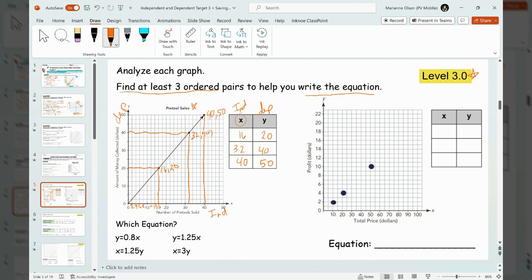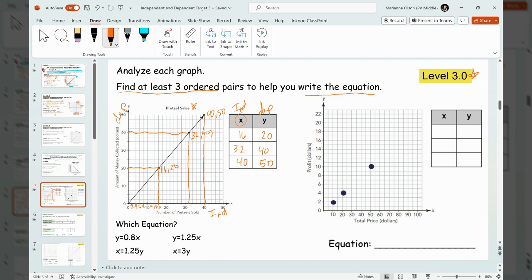Now that we've done that, you might be thinking, what am I supposed to do with that? Well, we can do 2 things. First thing, I don't have to write an equation because they have some. I have to figure out which one is correct. When you have multiple choice, you can kind of eliminate some choices.